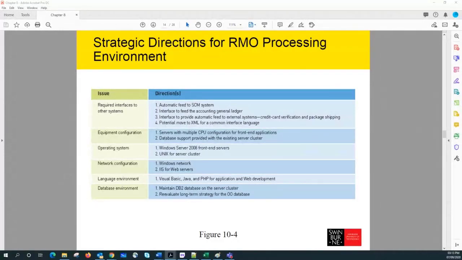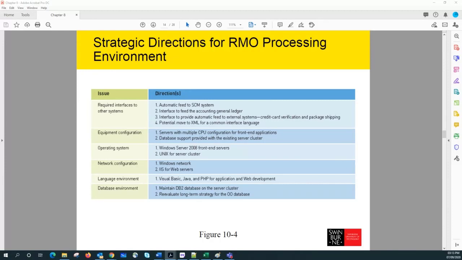And then, of course, everything is determined by the strategic direction of the organization, as I mentioned before. So what they have done is they analyze their strategic direction compared to the processing environment that they are proposing, right?